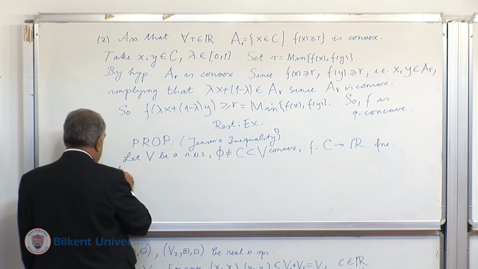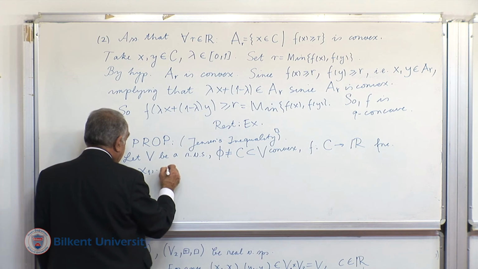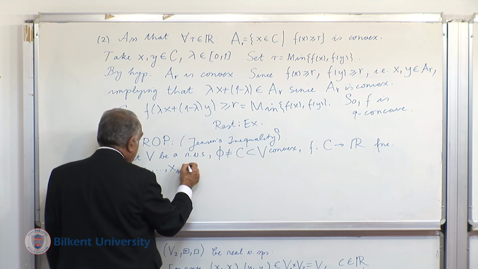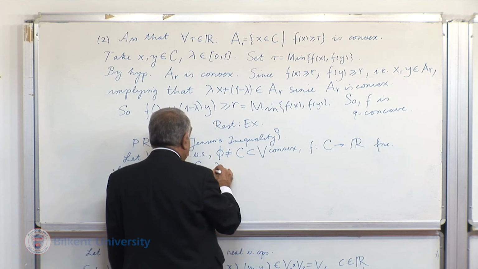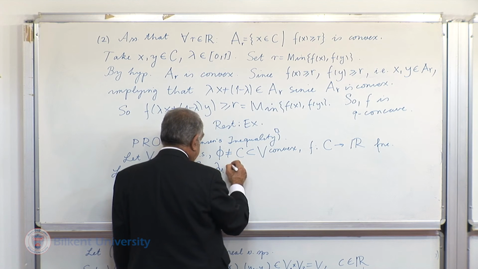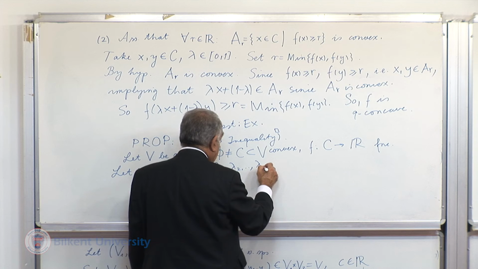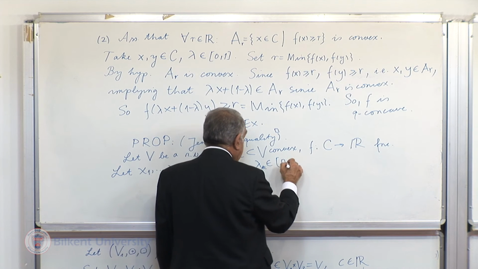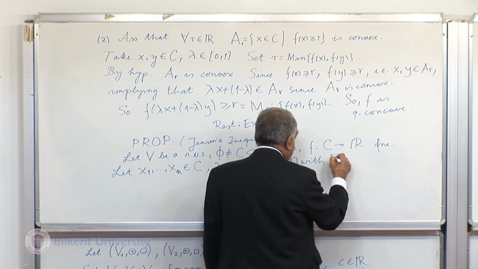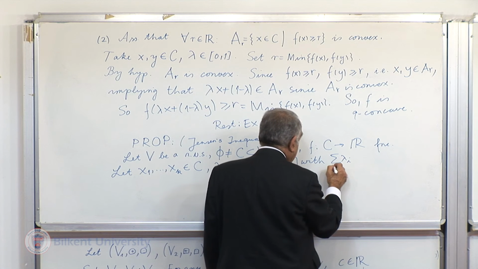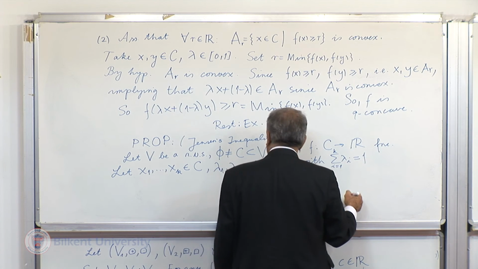Now let x1 up to xk be all points in C, lambda 1, lambda 2 up to lambda k in 0, 1 with the sum of these lambda i's, i from 1 to k, being equal to 1.